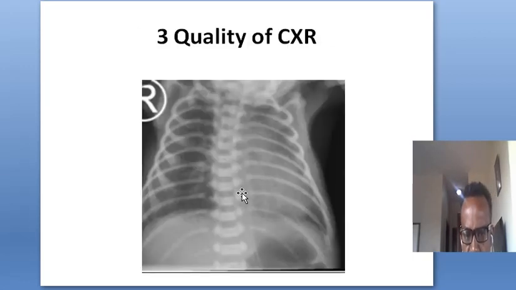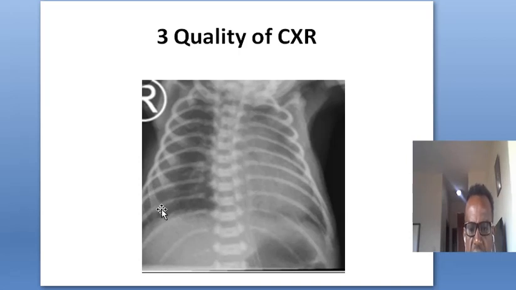So to describe which one is anterior and posterior ribs, these are the posterior ribs, and these are the anterior ribs. So you count. This is the first rib, second, third, fourth, fifth, sixth.